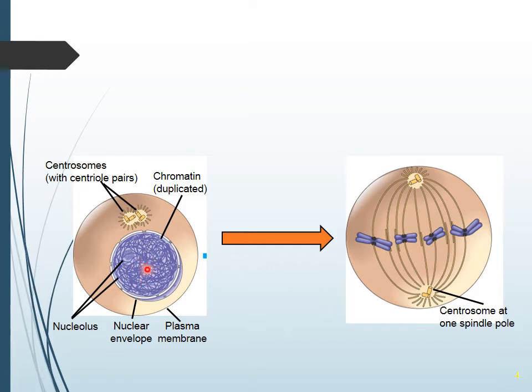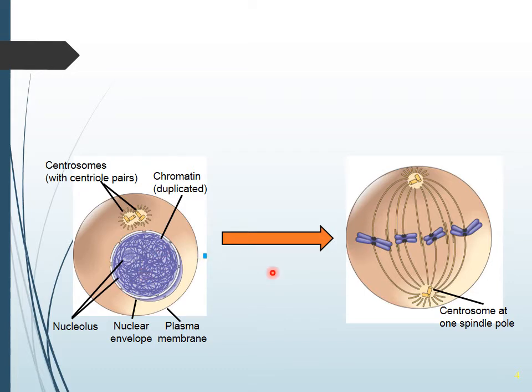If you see here, this chromatin material is scattered inside the nucleus. But here they are perfectly packed and arranged in a particular shape-like structure. We call it a chromosome. We can use an analogy here: before going for a picnic or a vacation, we pack our clothes and the essential things in a systematic manner.